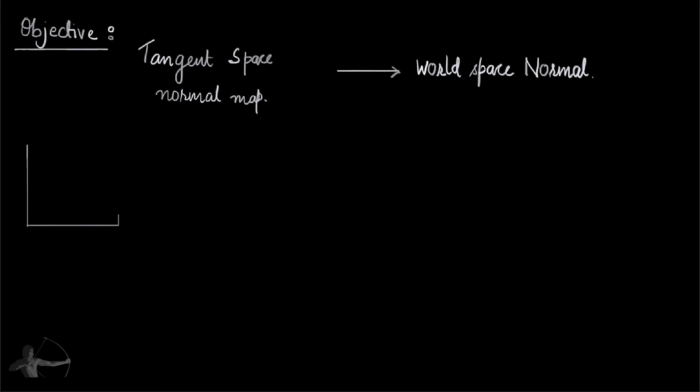Another thing we know is that the normal map is in the tangent space, and to convert the tangent space normal into another space, we at least need one thing, which is the TBN matrix. In the coordinate spaces chapter, we understood that to convert one space to another space, we need a matrix.